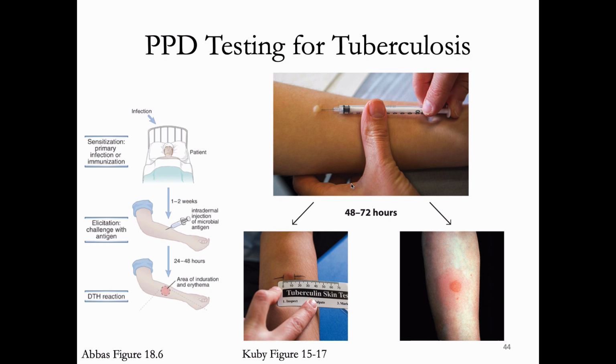If you do not have tuberculosis, you don't have any Th1 cells responding to it in your lung, and you're not going to make much in the way of a response. And you're going to live happily ever after. If, however, you have tuberculosis in your lungs, you are making an active Th1 response.